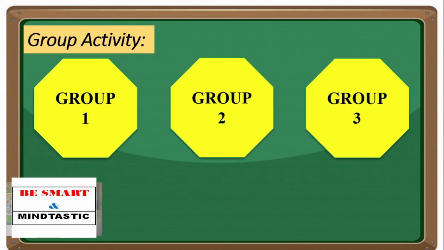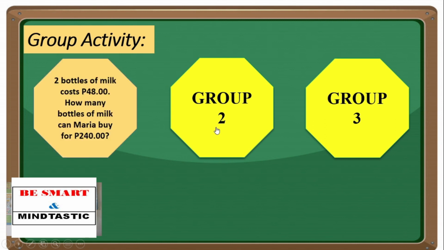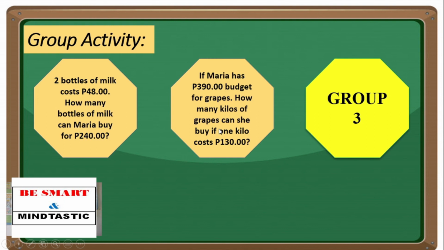Okay, so group 1, this is your activity, group 2 and group 3. So we only have 3 groups, okay? I'll give you 5 minutes to do it. And I want you to do it cooperatively, collaboratively, okay? Okay, so this is your question group 1. Also group 2, this is your question.